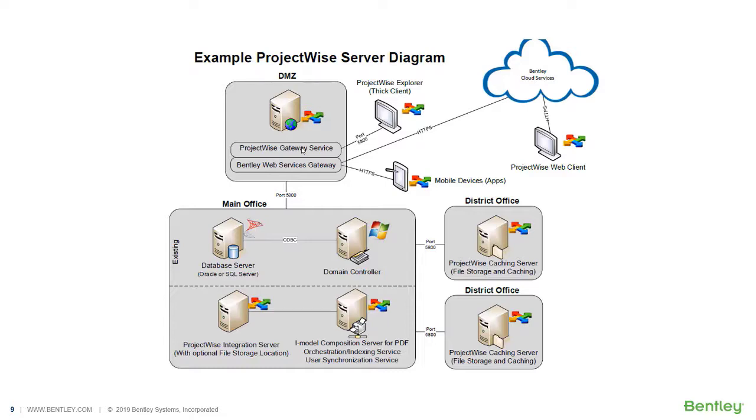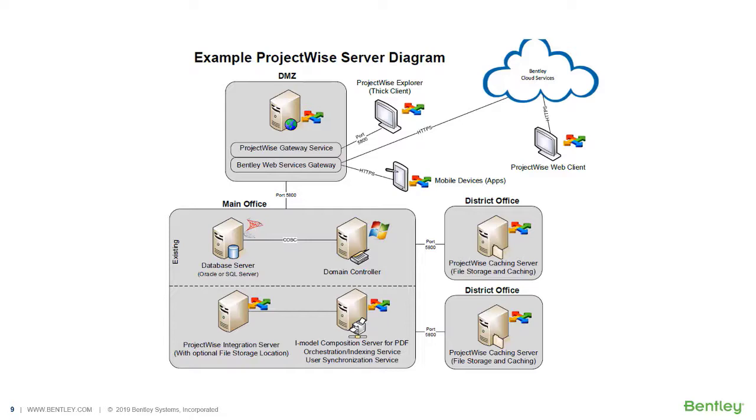Doing it this way, you as the ProjectWise user working from outside of your company network never directly face your ProjectWise servers on your company network. So you never expose any vulnerability in terms of network security. That's the whole idea why we need a ProjectWise Gateway service.